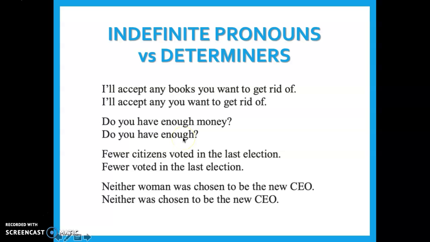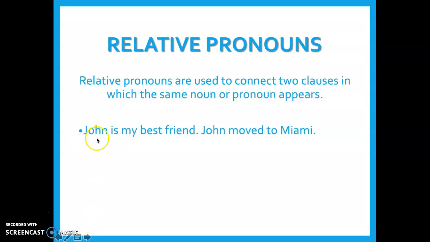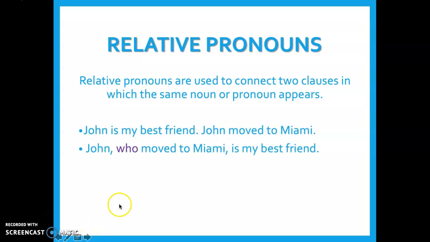All right. Next one is the so-called relative pronouns. Relative pronouns are used to relate clauses, to connect clauses, to link clauses. So, for example, John is my best friend. John moved to Miami. So we have two exactly the same noun, John, right? So we can use a relative pronoun to replace that.